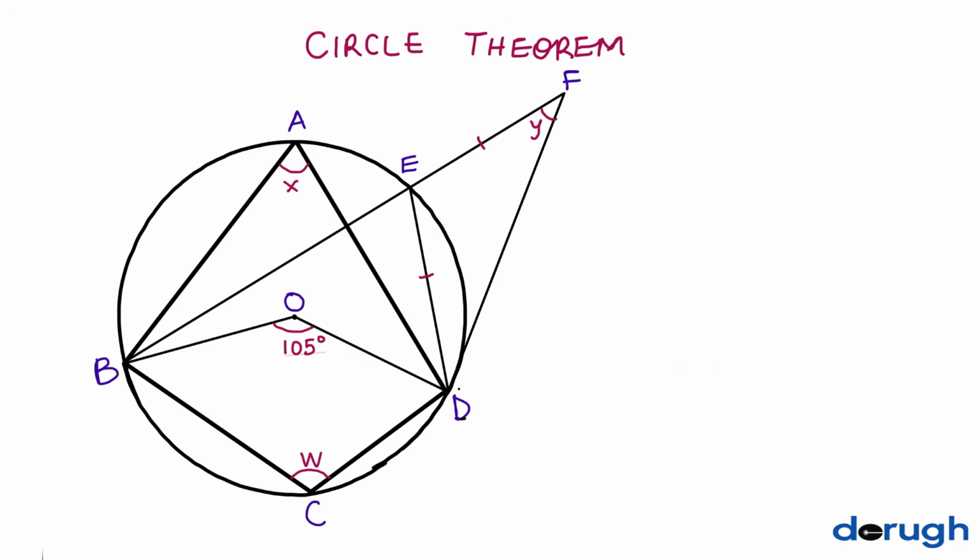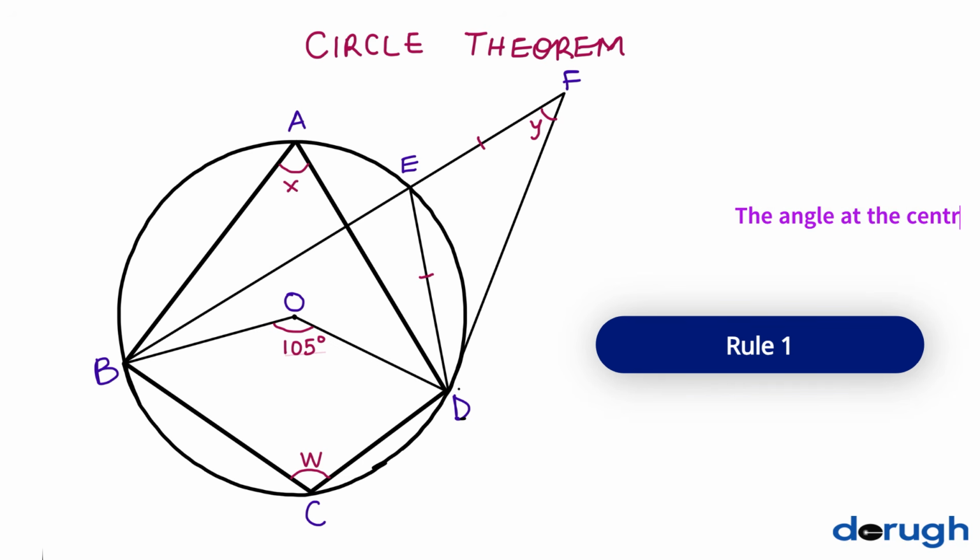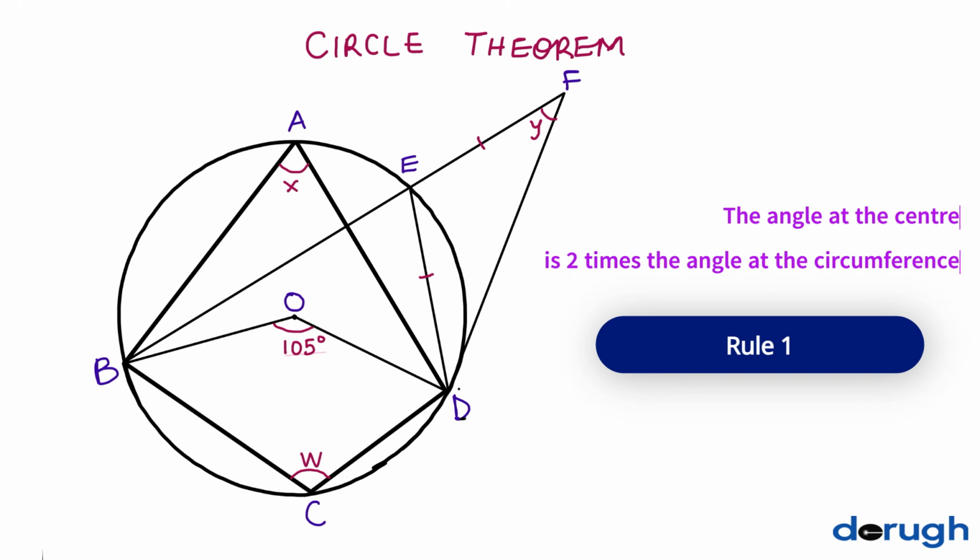The rule that applies in this case is that the angle at the center is twice the angle at the circumference. That's if they're facing the same side. What do I mean? If you look at the curve here and you look at the curve here, they're both facing the same side, right?